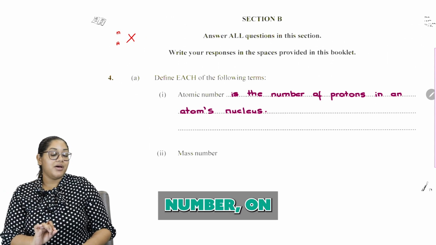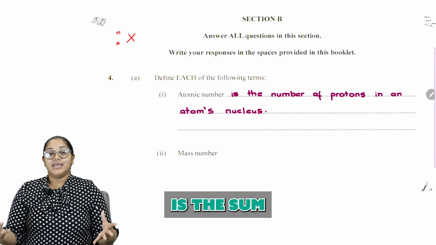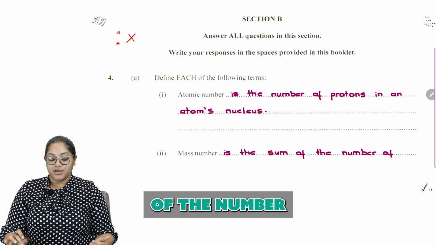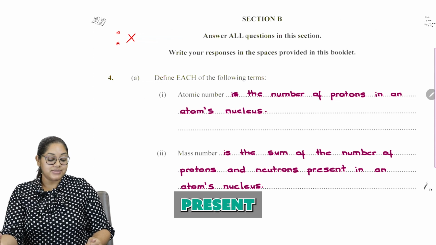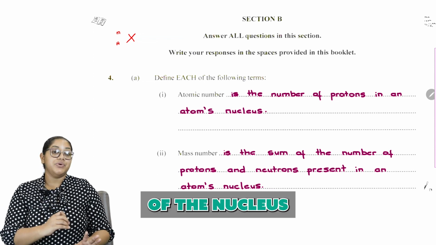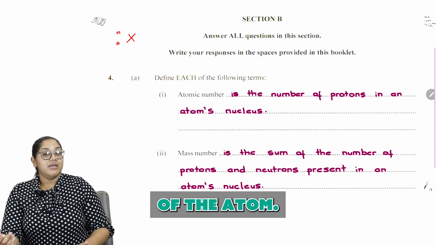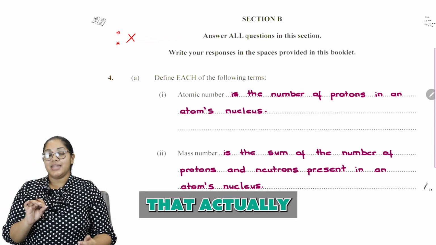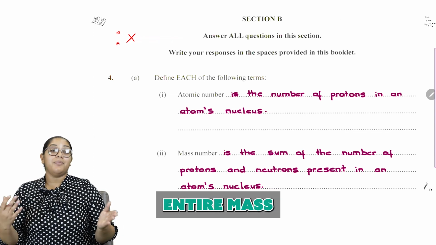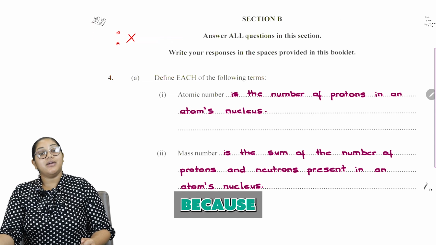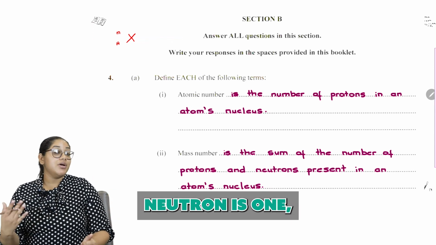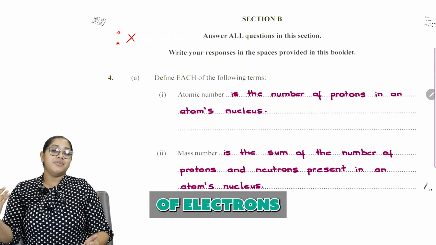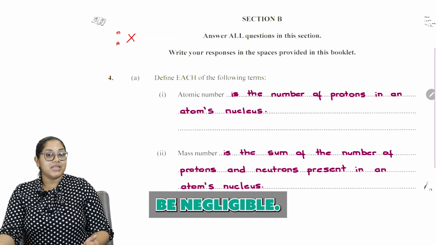Your mass number, on the other hand, is the sum of the number of protons as well as the neutrons present inside of the nucleus of the atom. Now, inside of the nucleus, that actually accounts for the entire mass of the atom, because the mass of a proton is 1, the mass of a neutron is 1, but the mass of electrons tends to be negligible.